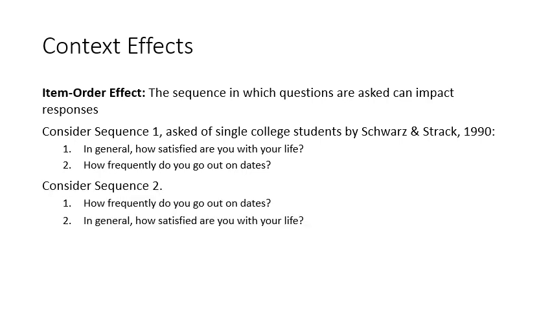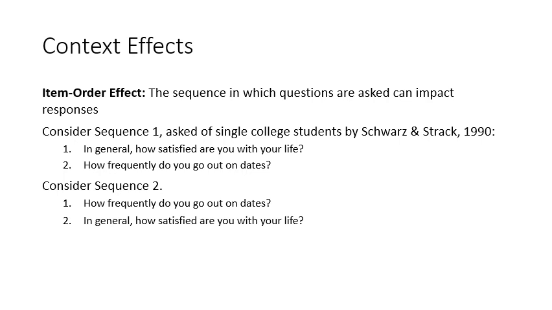Now consider this sequence. First we ask them, how frequently do you go out on dates? And thinking back, they think, oh boy, it's been several weeks now. Oh, I'm really not doing very well with potential dating partners. And then question two, in general, how satisfied are you with your life? And you might be able to see how this sequence would be very important.